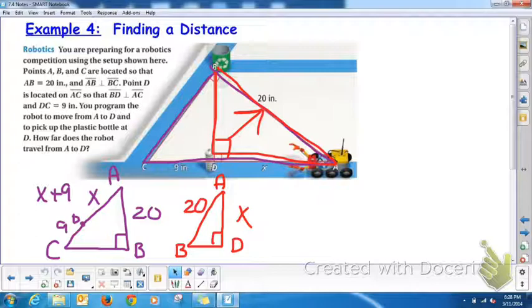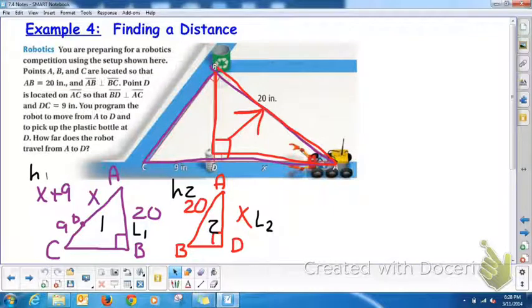So now I can write a proportion that I can use to solve for x. You ready? Remember your algebra too. So, hypotenuse over hypotenuse equals long leg over long leg is what I'm going to write here. This is my hypotenuse 1. This is my hypotenuse 2. This is my long leg 1. This is my long leg 2. Because this is my first triangle.